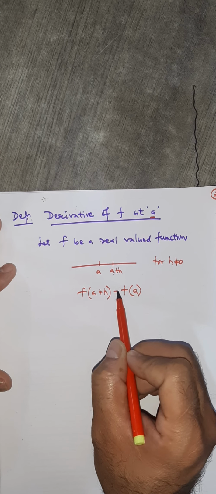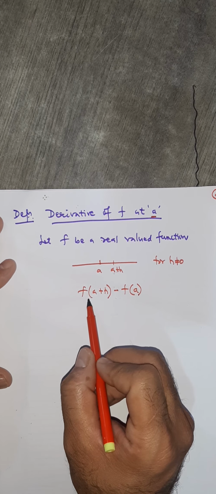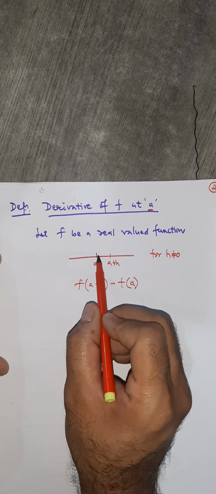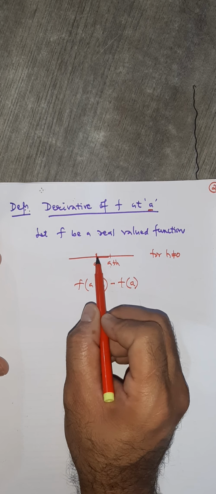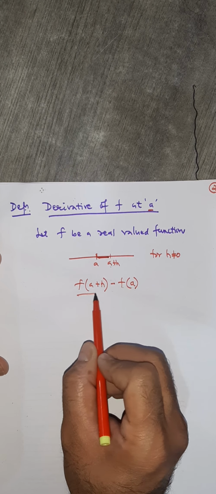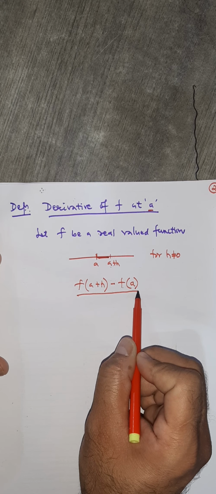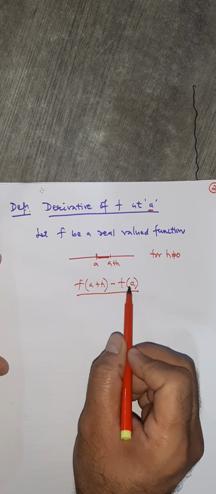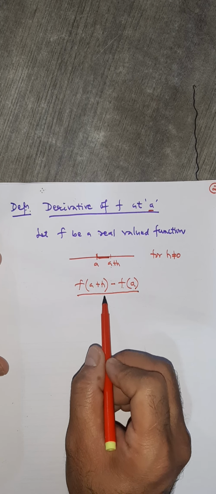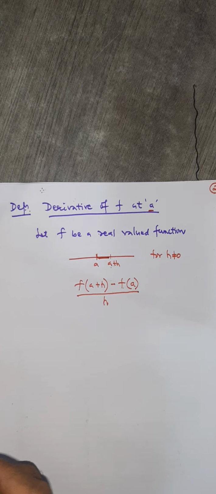This is the difference of the values of the function upon the difference of the values of the variable. So a plus h minus a, it is just h.